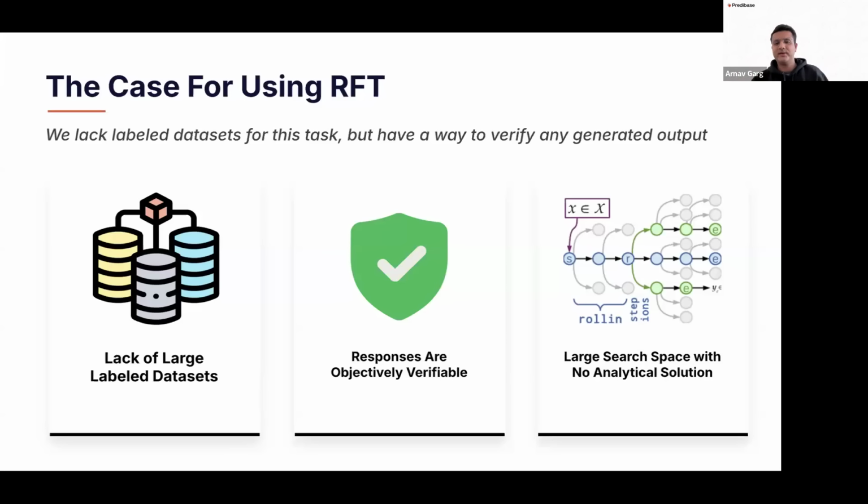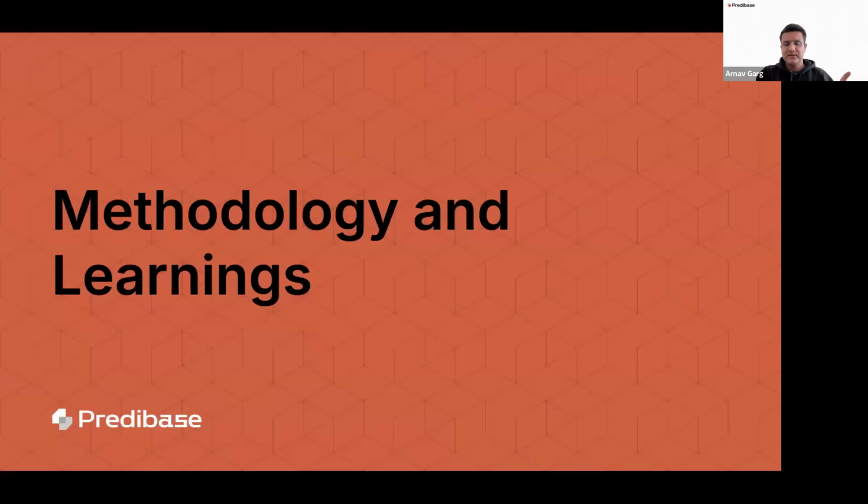But reinforcement learning balances this idea of exploration, which is what are the different things I can do, with exploitation, which is what is consistently working really well. And reinforcement learning should be able to explore the search space in a very smart and efficient way compared to how we might do it. So all of these make it a really good setup for reinforcement fine tuning. So hopefully the problem statement is clear and people know what we're trying to solve for. So let's dive into methodology and learnings.